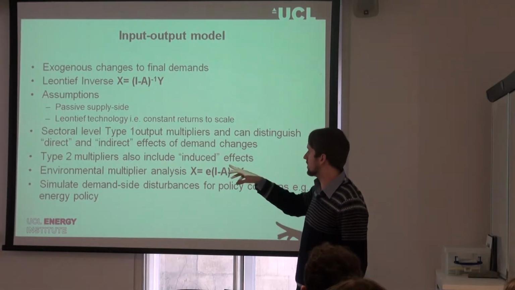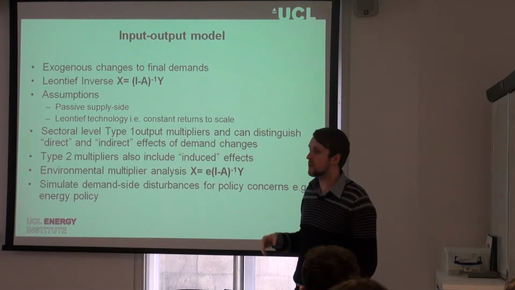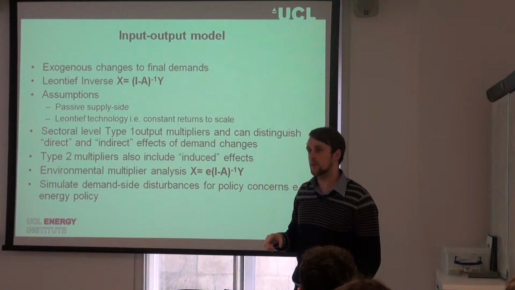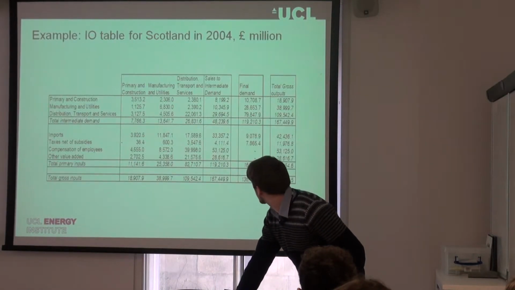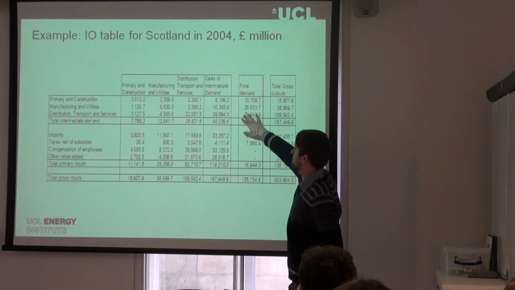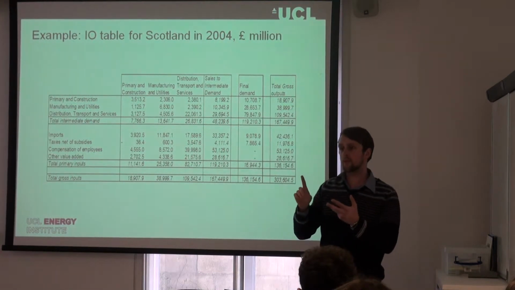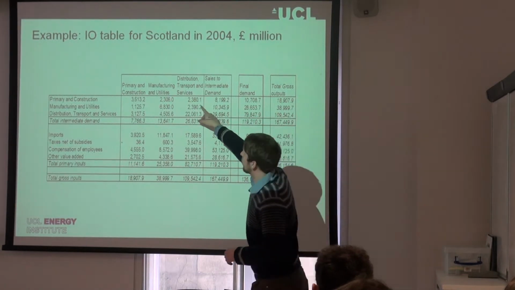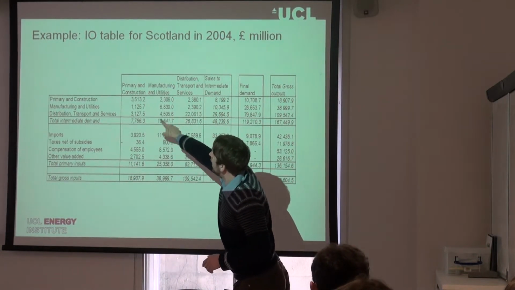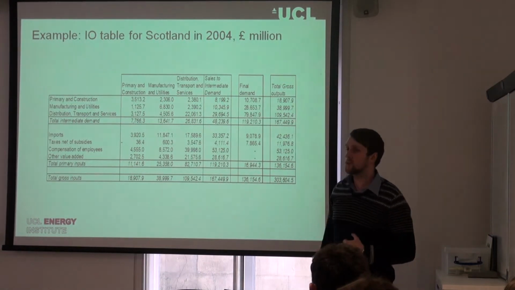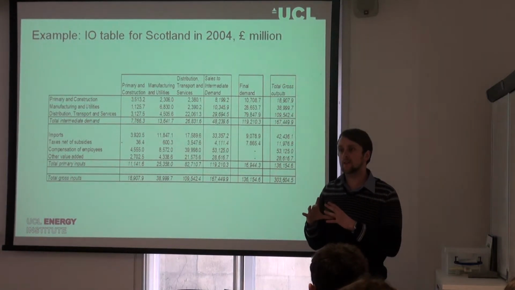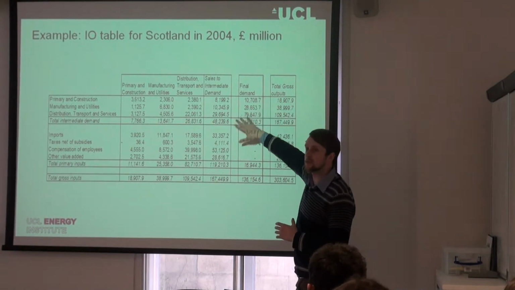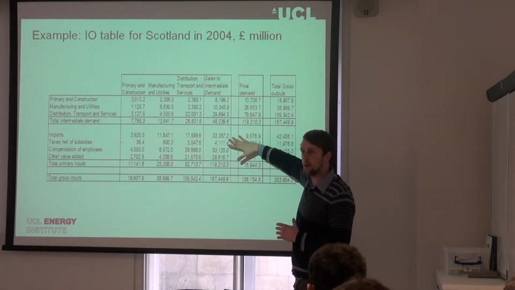You can then also do what's called a type 2 multiplier, where you endogenize household spending into the economy as well. Final demand would be split out into households, governments, and exports, and really only this part of the database would be considered endogenous to the model, and then you're looking at the changes in the final demand part.